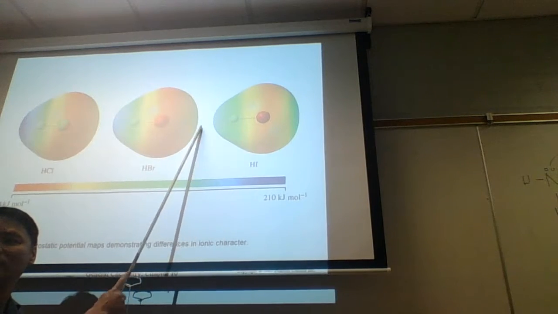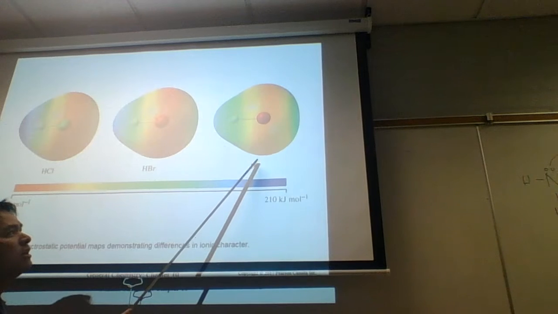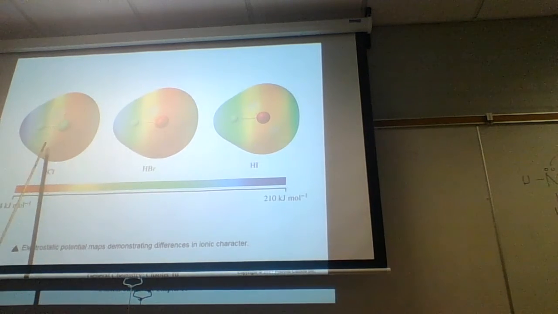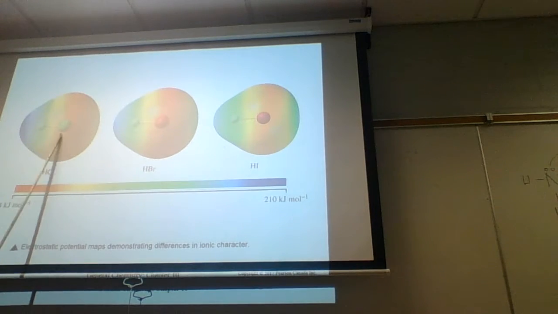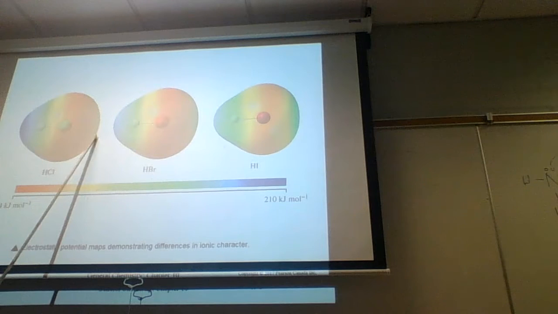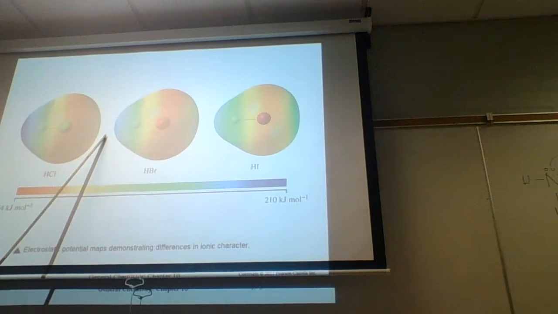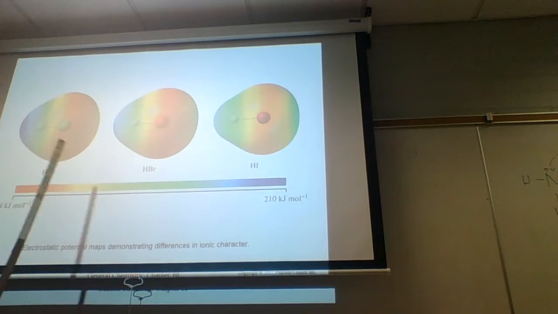It's more symmetric, more evenly distributed. And so HI is closer to non-polar covalent, whereas when we go over here to HCl, this is looking much more polar covalent. You can see the electron cloud being distorted. The colors are definitely showing that the hydrogen is becoming more positively charged.